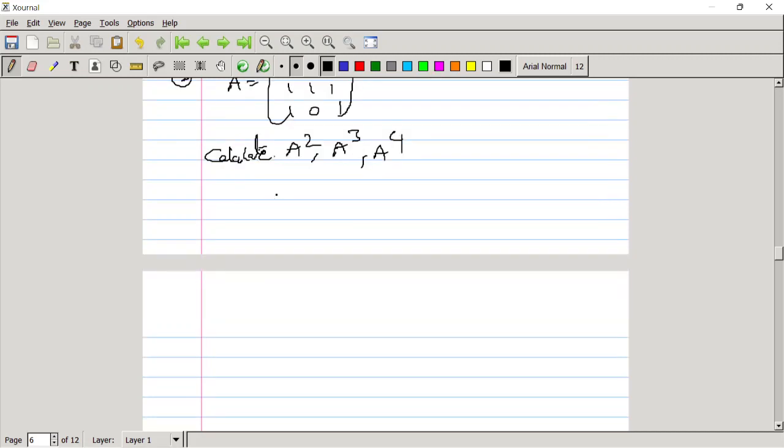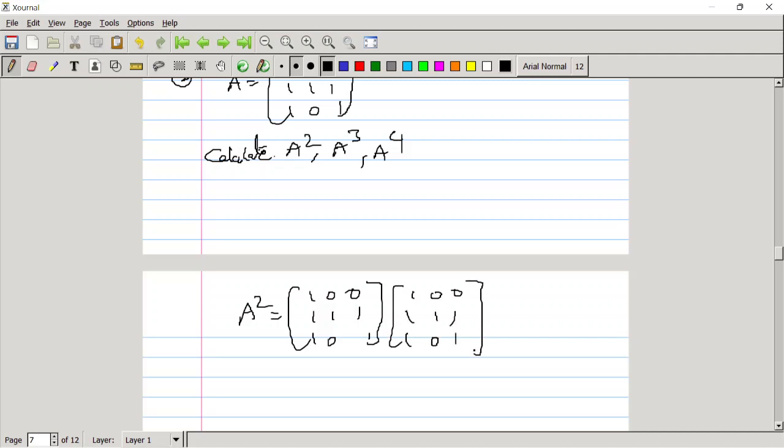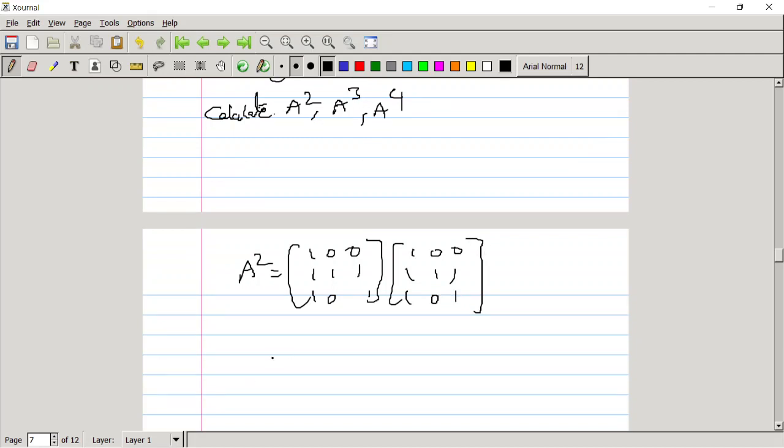Let me do that. So A square is equal to 1 0 0, 1 1 1, 1 0 1 times 1 0 0, 1 1 1, 1 0 1. This is equal to 1 0 0.